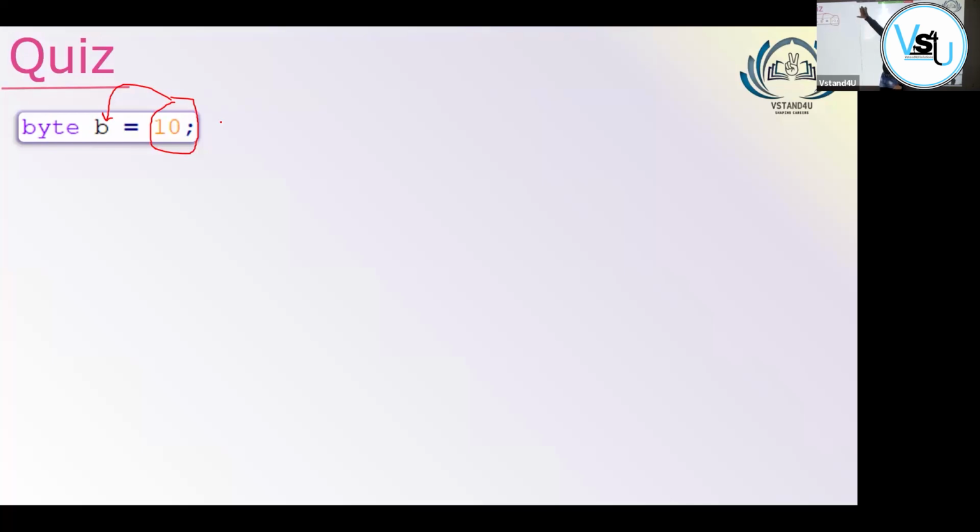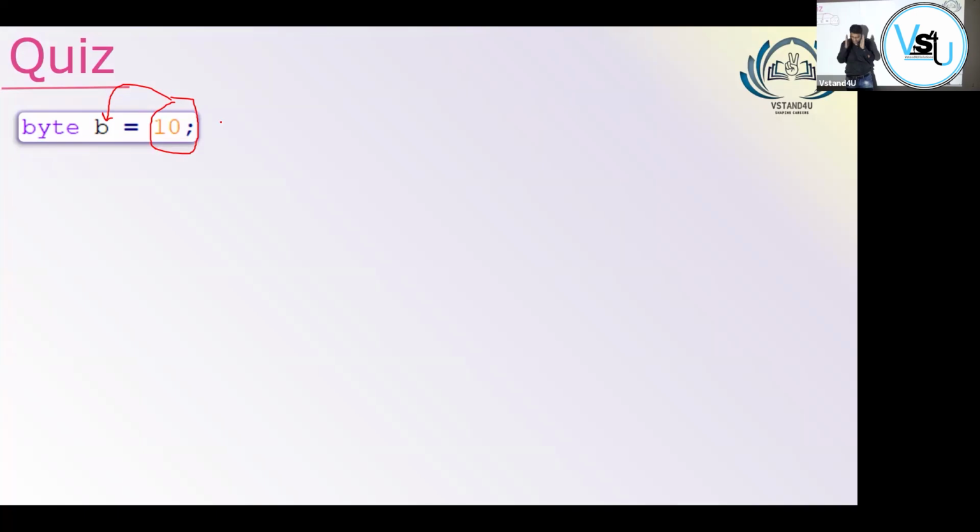Same here. The data type applicable is int. Total size is 4 byte. But how much is actually required? Very little size, which can be accommodated in byte also. So in simple words, can I store this 10 in byte? Is it in the range? Yes.